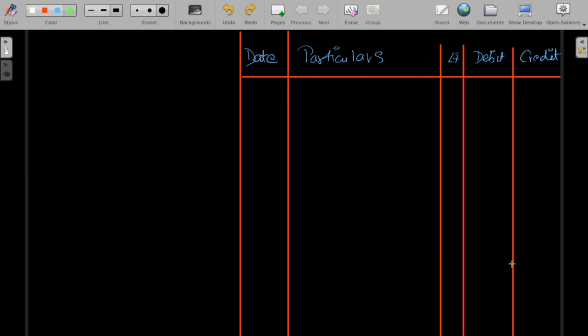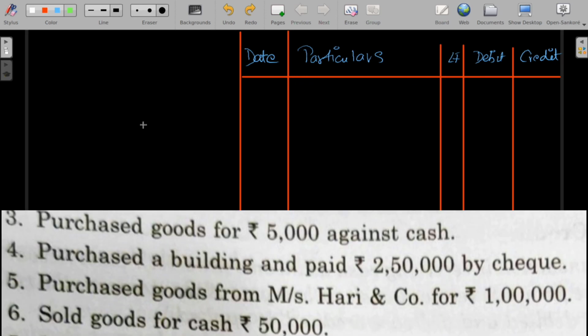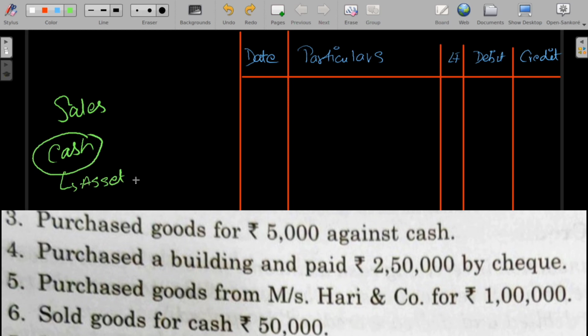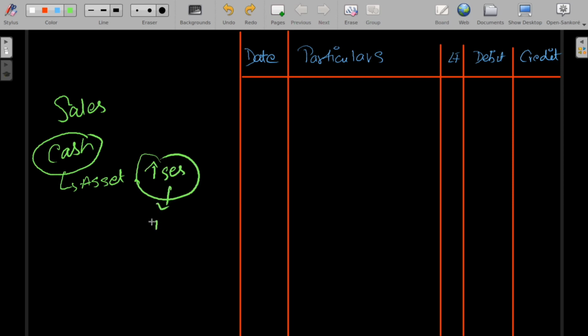The last one they've given us is sold goods for cash 50,000. The two aspects that would affect the transaction are sales and cash. As we all know, cash is an asset, and when cash comes into the business from your sales, your asset increases, and when your asset increases, you debit.